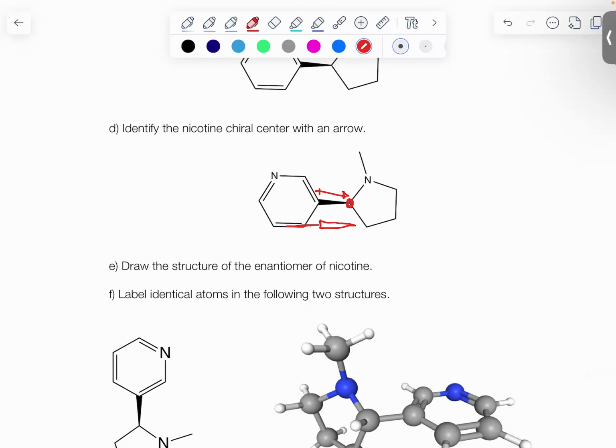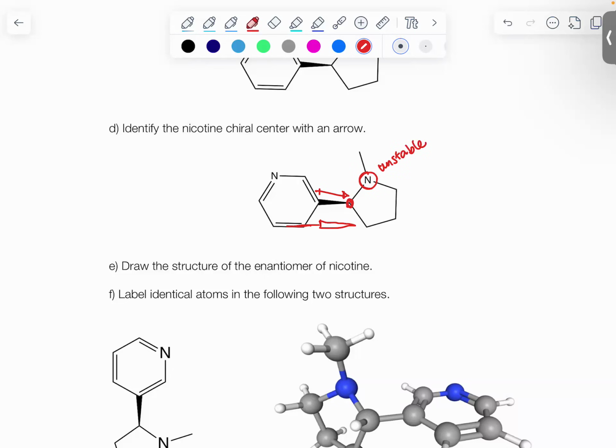Now, this won't always be the case, but it's a good way to visually help yourself start looking for chiral centers in molecules. And we also have an unstable chiral center here.